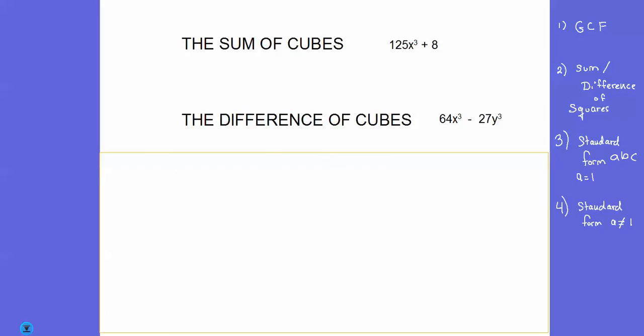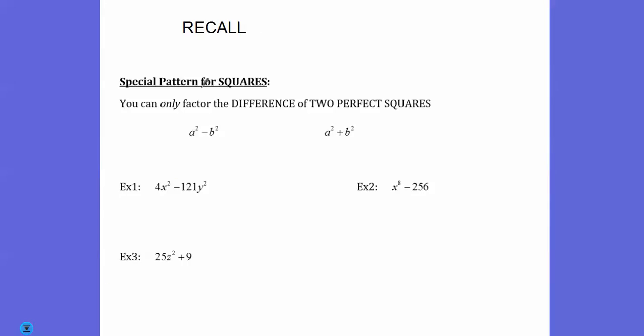I ask you to recall that when you are speaking about special patterns for squares, you can only do the difference of squares. This one here, I jokingly drew this figure being near Halloween and said, don't do this.